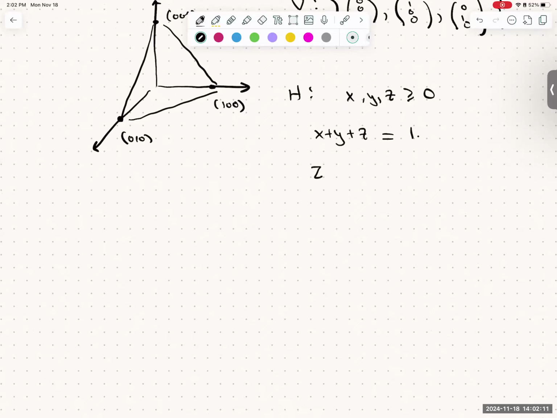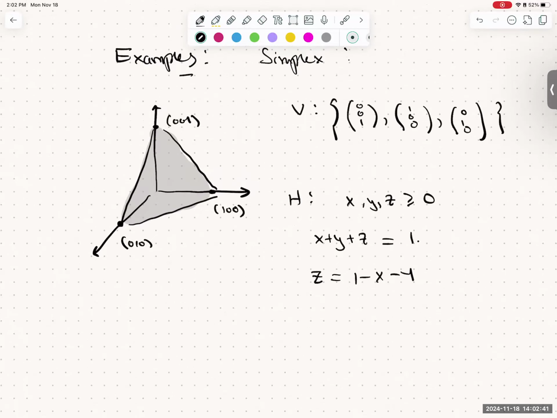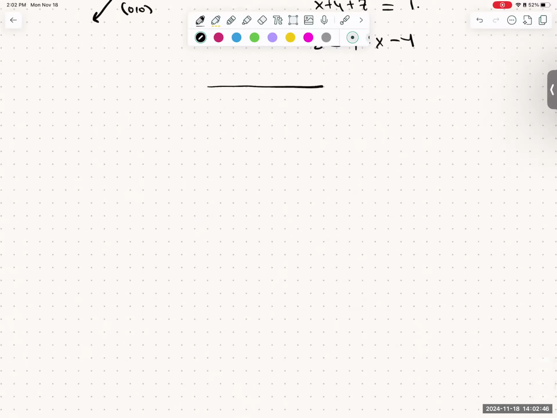So I could, for example, solve this by saying z is equal to 1 minus x minus y, and that will give me this two-dimensional subspace right here, which is not filled in behind it. It's just a two-dimensional hyperplane in this case. Okay, so we can move on.